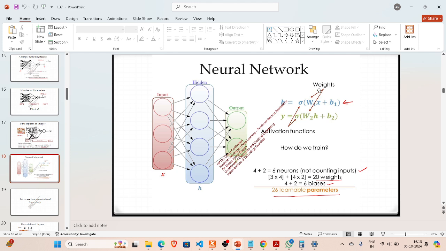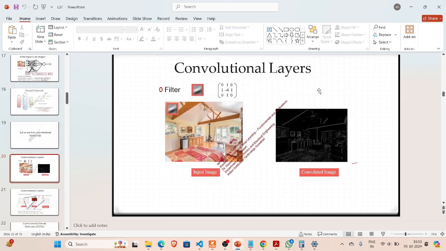Next, we are first understanding what is convolution. Here we pass a filter.